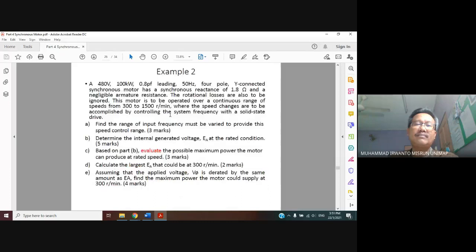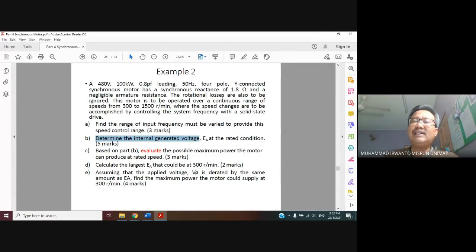Again, then for B, determine the internal generated voltage. Yeah, the internal generated voltage. Remember, the relationship between phase voltage, internal generated voltage, voltage drop on the armature resistance and synchronous reactance is always given by V phase is equal to EA plus jXS IA plus IA RA.